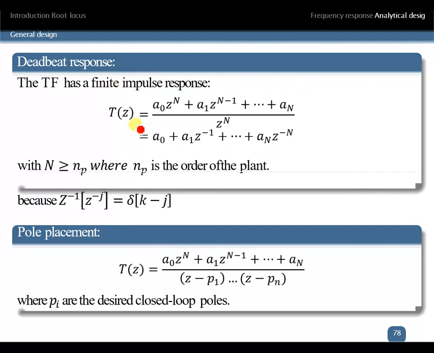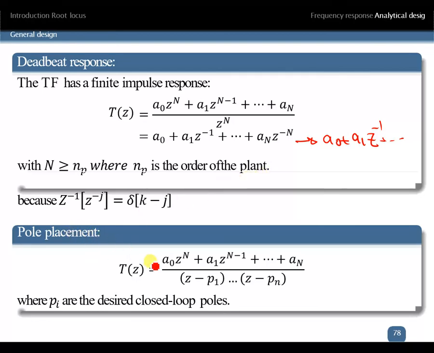Deadbeat response, if we have a transfer function of the system with an equation in z in the numerator and z in the denominator, if you simplify, you can find T(z) in the deadbeat response a0 plus a1 z^-1, etc. And all the time we know n should be bigger than or equal to n_p, where n_p is the order of the plant.